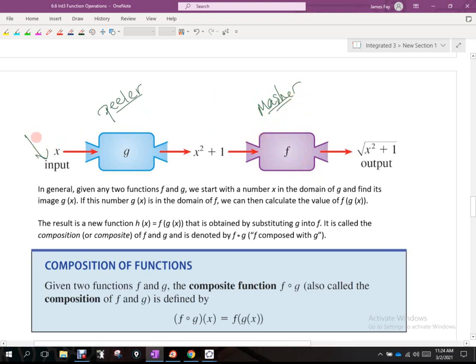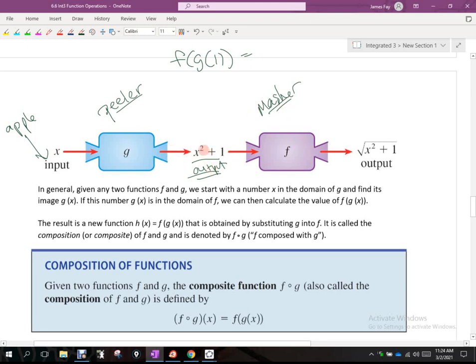So my input is going to be an apple. I put it through my first machine, and I get an output. Does that make sense? So this is analogous to what we were doing earlier when I had f of g of 1. My first machine was g, and my input was 1. The first output that I would have gotten when we did this was 2. That output becomes the input for my second machine f.